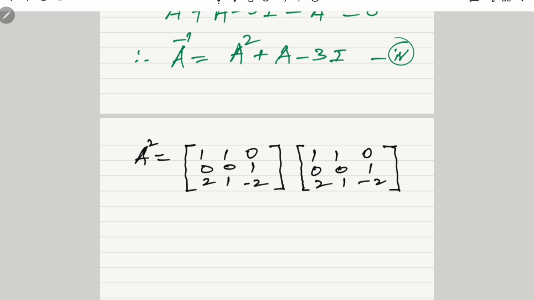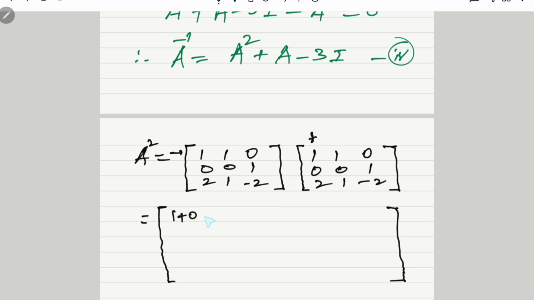And as I have explained in the previous video also, here matrix multiplication is possible. Then we multiply by row to that column. One into 1 we get 1. 1 into 0, 0.